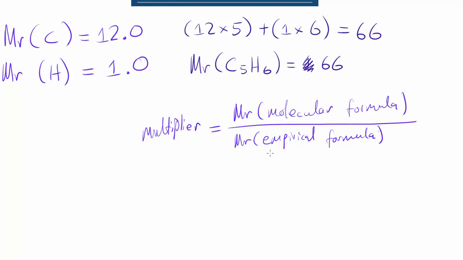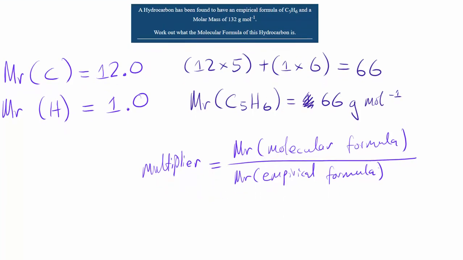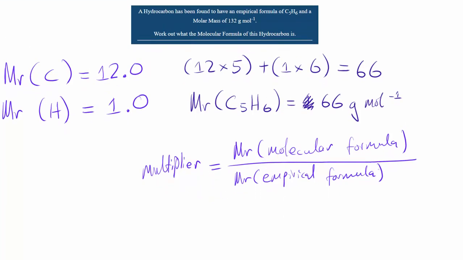Okay, so that's going to give us the multiplier. In our case, we've got both at the moment. Let me just add my units quickly. So that's going to be 66 grams per mole for the empirical formula, and for the molecular formula we've been told the molar mass is 132. So we're going to need to do 132 divided by 66. Let's just do that and see what we get.